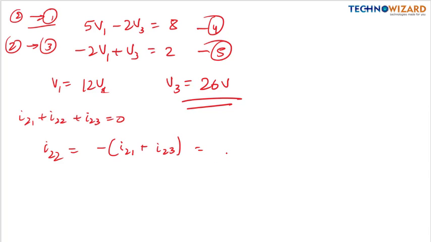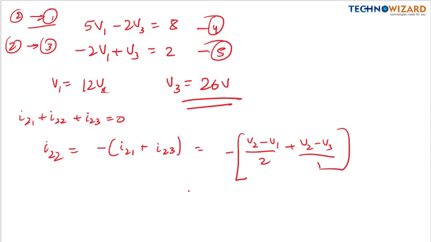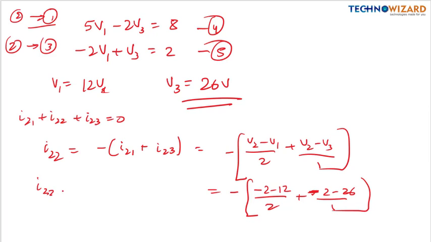This will be equal to V2 minus V1 upon 2 plus V2 minus V3 upon 1. Putting the values of V2, V1 and V3, minus 2 minus 12 upon 2 plus minus 2 minus 26 upon 1. From here you will get I22 is equal to 35 ampere.